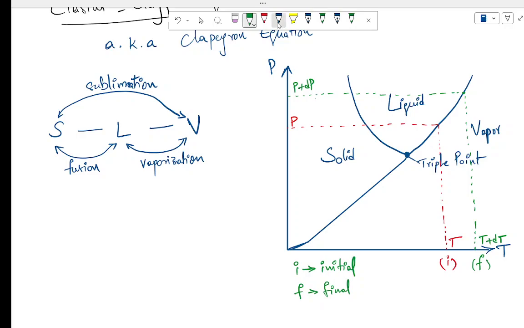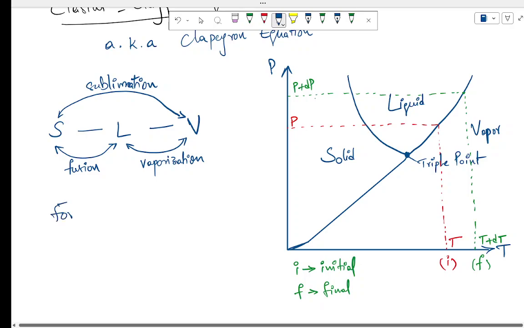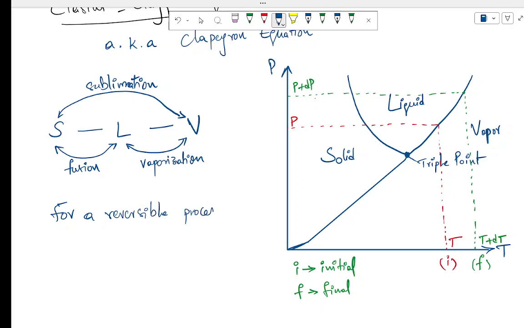What Gibbs function tells is for a reversible process, Gibbs function is constant and it is not going to vary if the temperature and pressure are constant.